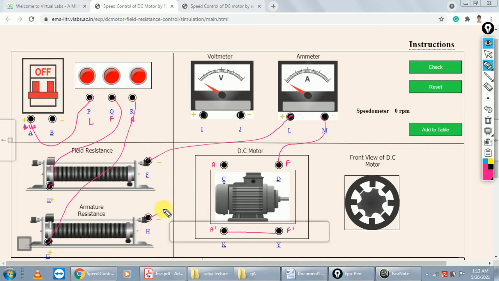So this S connects with this A. And suppose you want to measure the voltage across the terminals, connect positive to positive and negative to negative. So this is a general connection. Here we make the connection according to the instruction.